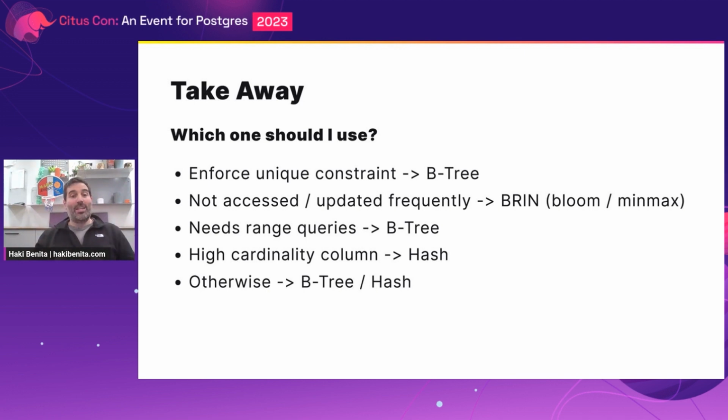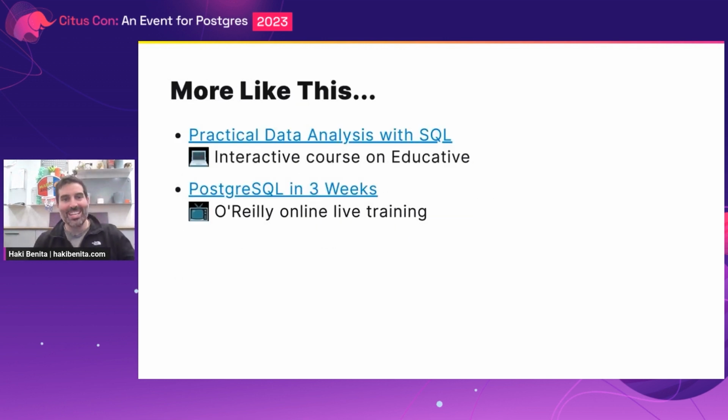If you do have something that is accessed a lot and you need range queries, use a B-tree. High correlation column, use a hash. Otherwise, choose whatever works for you. But hopefully you now know that there are more options than just a boring B-tree index.